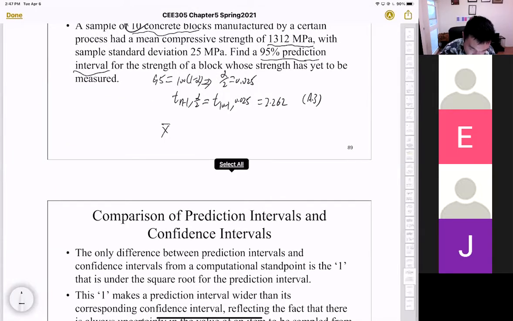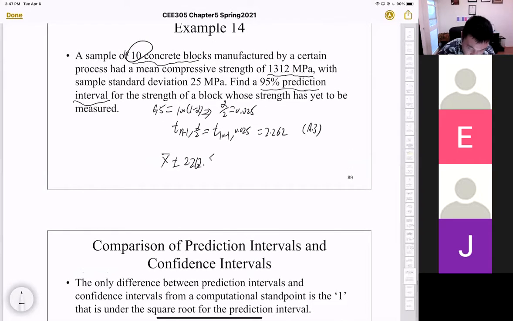So plug in the equation here. The mean value plus minus the t value, 2.262, times s times square root of 1 plus 1 over n. The mean value is given by the question here.